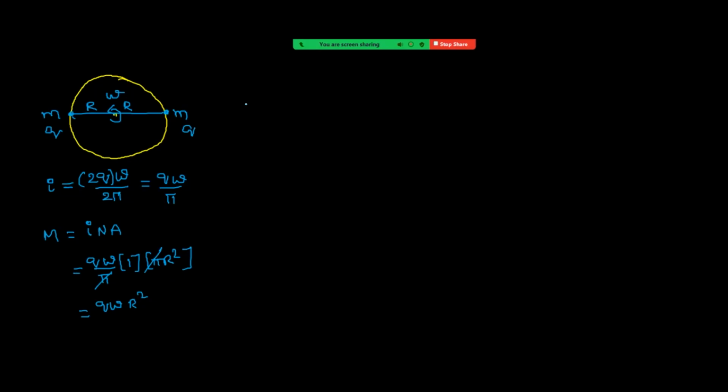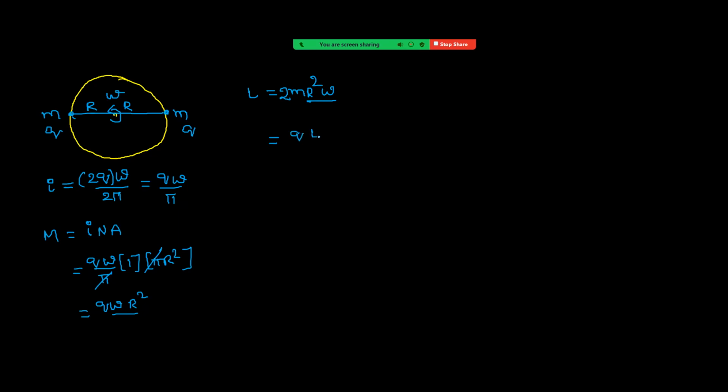Right? Next, coming to angular momentum about the center of the circle: for one particle it is m r square omega, and for both, multiply by 2. Now write omega r square as L by 2m.